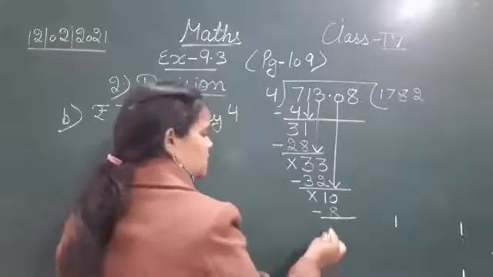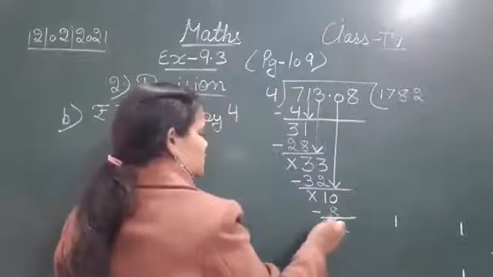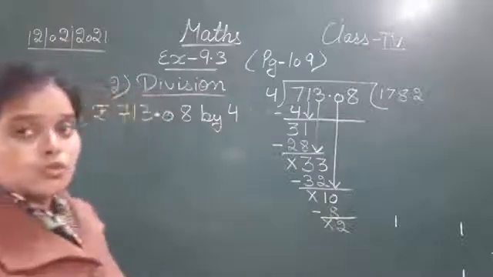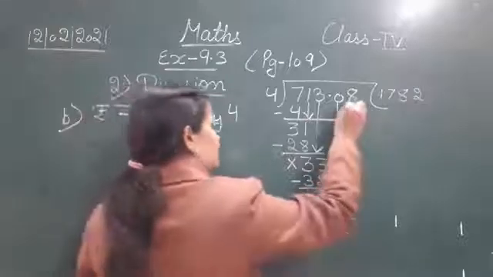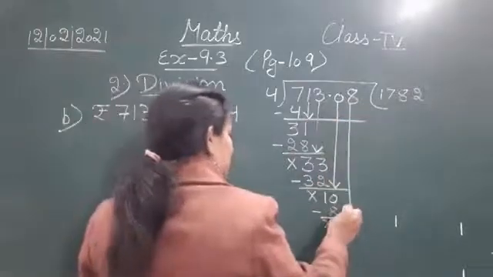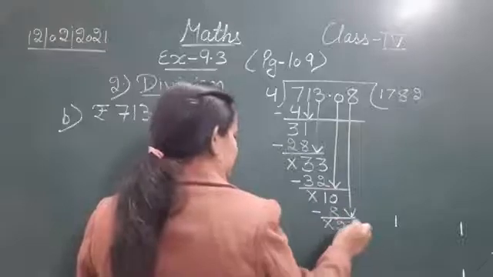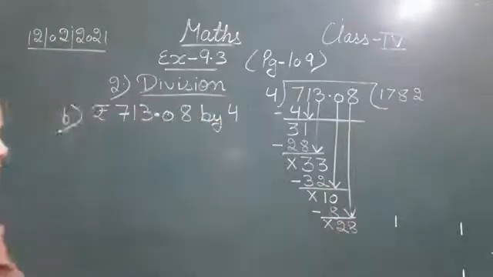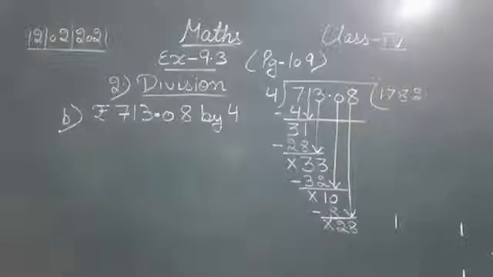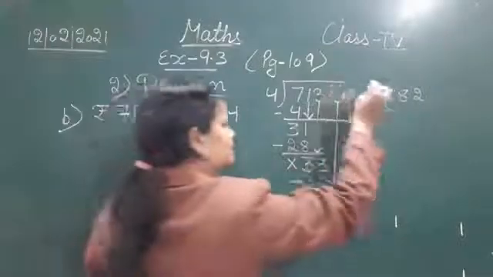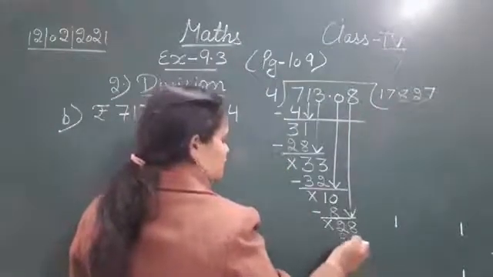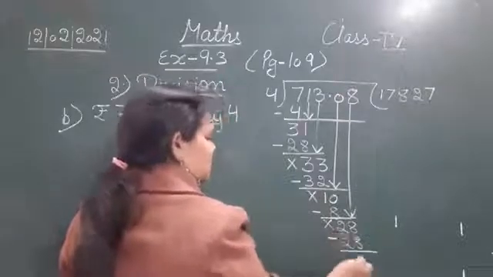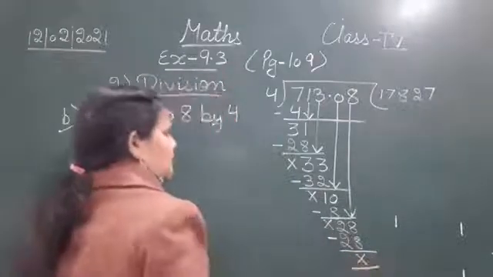So 10 minus 8 is 2. Bringing down the next digit, that is 8, so now we have 28. Let's divide the last number 28 by 4. 4 sevens are 28. So 28 minus 28, nothing will be left.